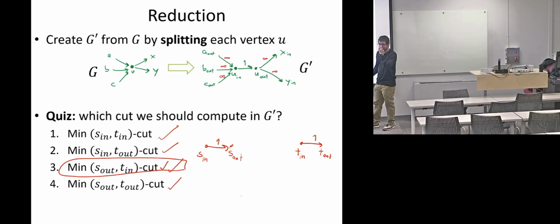Can you explain why you have infinity signs in that drawing there? Why are the capacities infinite? You could make it one, but it's going to be easier for explanation in the next slide.